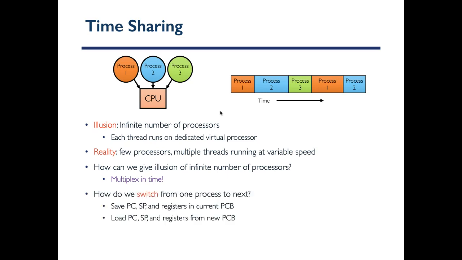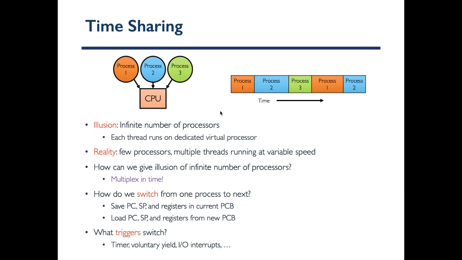The way it works usually is that you save the program counter, the stack pointer, and all the other registers that you have. So basically you take a snapshot of the processor's state and save it in the PCB, and then you load the PC, SP, and all the registers of the new process that you want to run, the one being context switched in, and then you start running it. You just jump to that PC and continue running wherever you left off in the process that is now running.